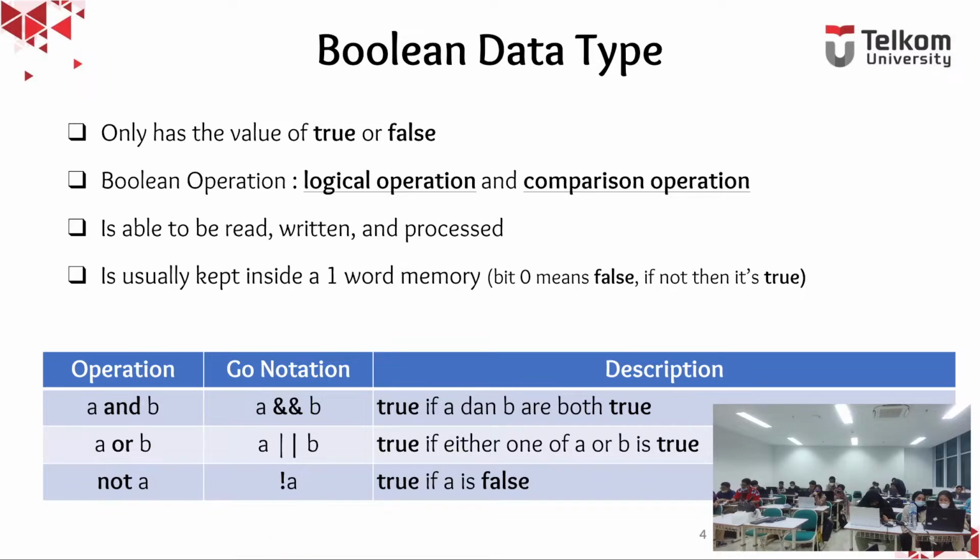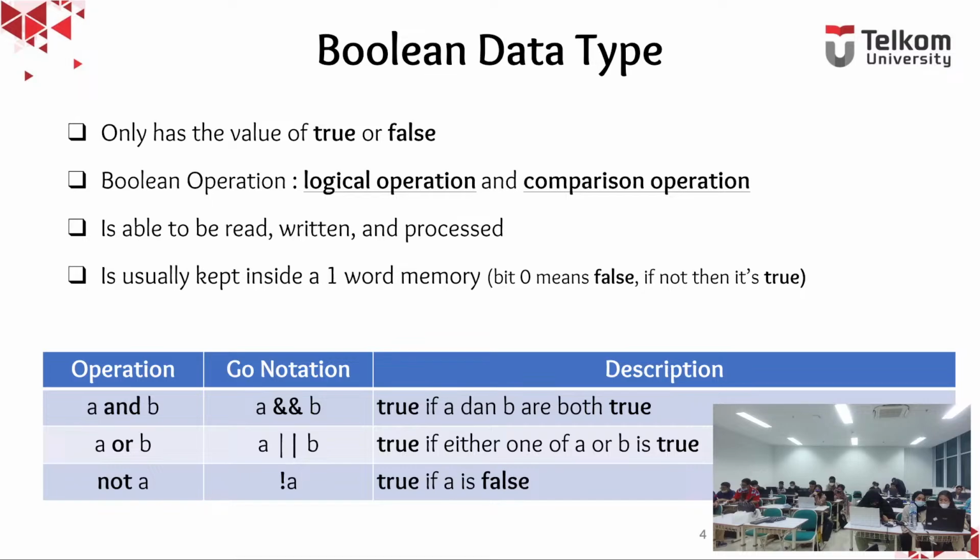This is the notation in Go, using the double ampersand. True if A and B are both true. For OR, it will result in true if A or B is true, so it doesn't need to be true for both A and B. As long as one of them is true, the result will be true. But if both are false, the result will be false.